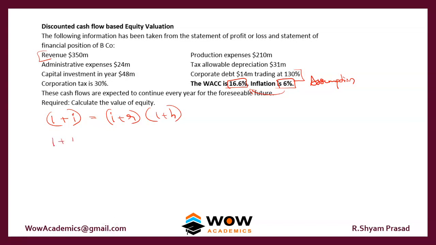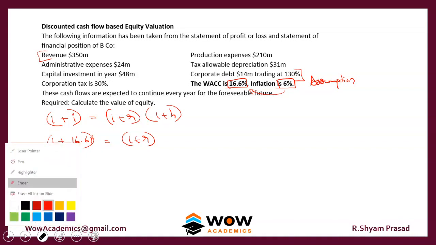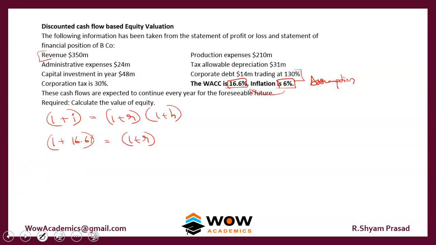Here 1 plus i is the nominal rate, which is 16.6%, equals 1 plus r, the real rate, which is what we want to find out, and 1 plus h is the inflation rate, which we know.